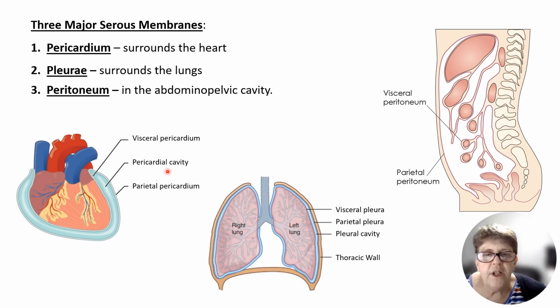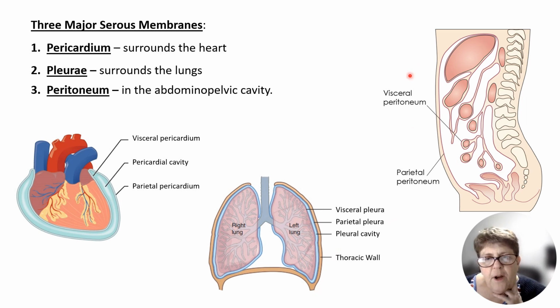Now you'll notice in each one of these, the parietal layer is the very outer layer, and then you have a cavity between it that has serous fluid, and then the visceral layer, here the visceral pericardium, is directly lining the heart. So here you have parietal pleura, then the pleural cavity, and then the visceral pleura directly lines the lungs.